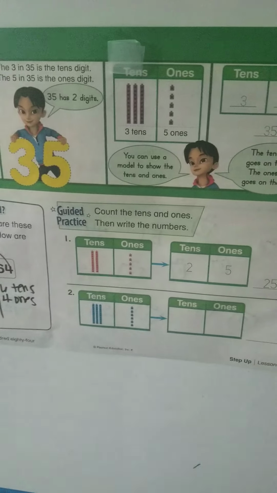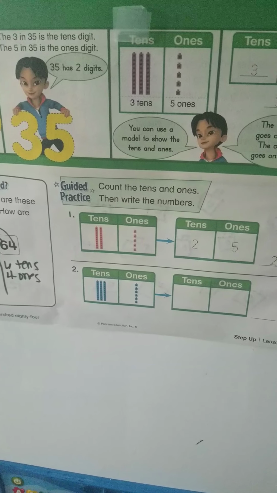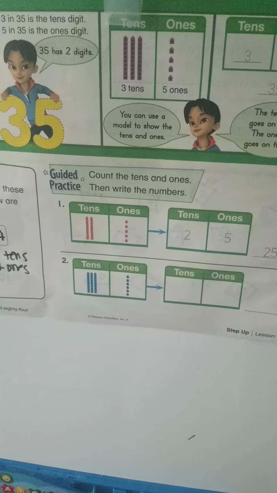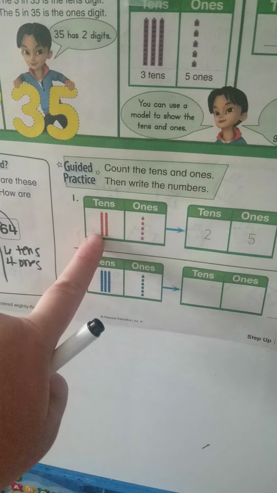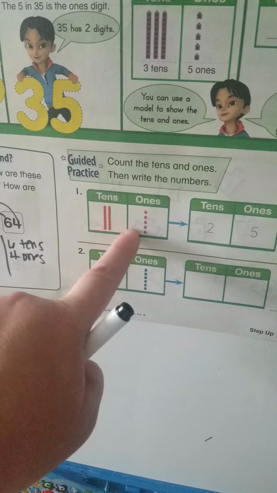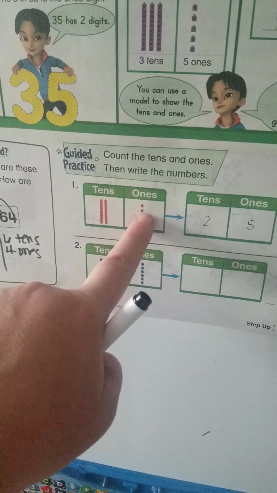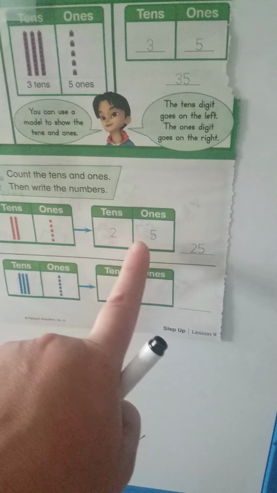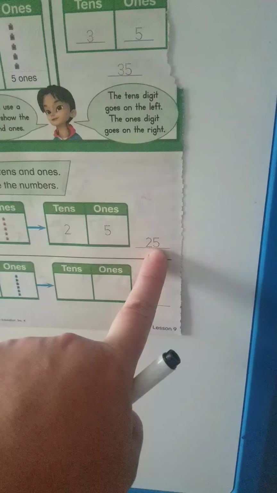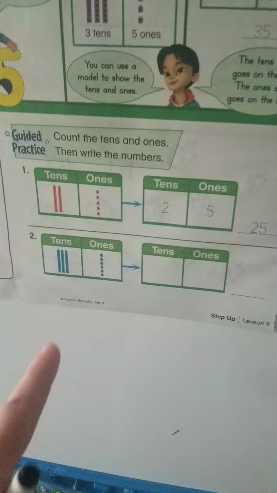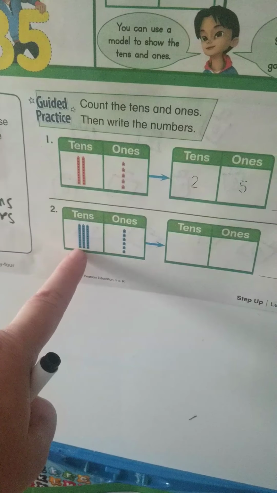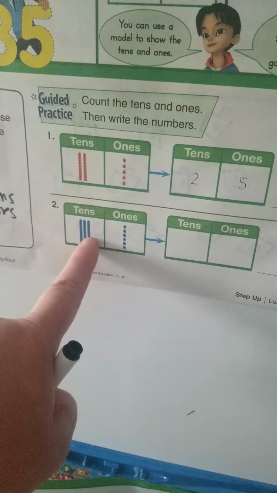Okay, guided practice. Count the tens and ones, then write their numbers. All right, 2 groups of 10, 10, 20, 21, 22, 23, 24, 25. 2 groups of tens, 5 ones makes the number 25. Let's check out number 2. 10, 20, 30.